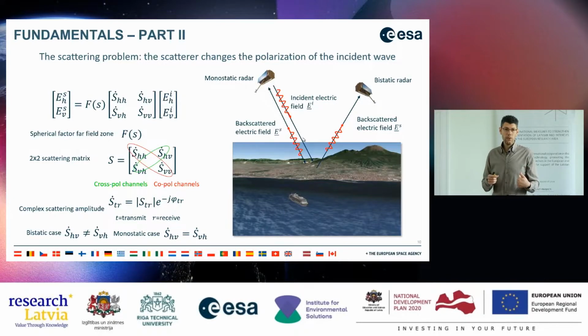The cross-pole scattering amplitude values are usually different if you have a bistatic configuration, but they are almost equal, although some exceptions apply, as we will see later, for the monostatic case. So in the monostatic case, you basically have 3 complex scattering amplitudes.